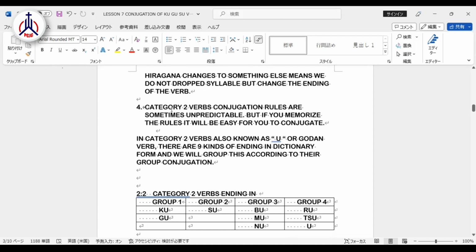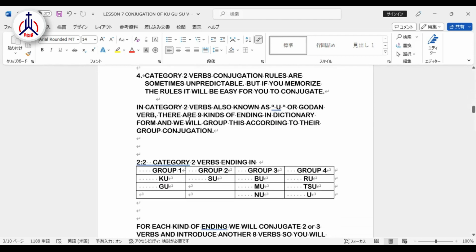Also, the category 2 verb conjugation rules are sometimes unpredictable, so you have to memorize the rules and then it will be easy for you to conjugate. Okay? Memorize the rules.